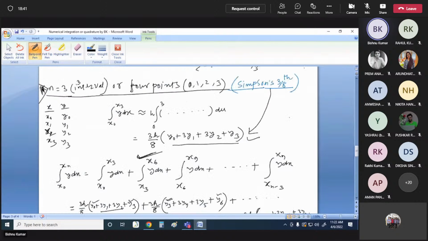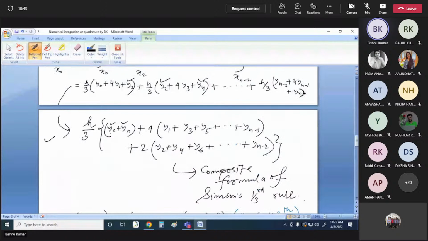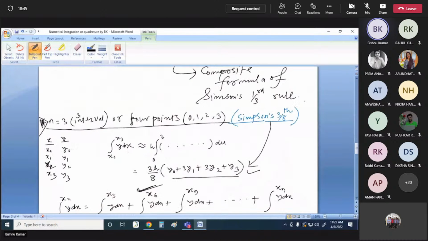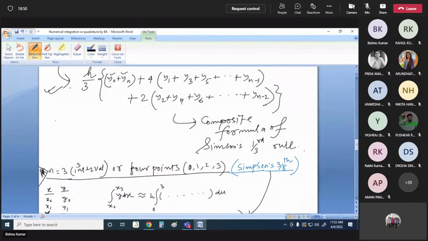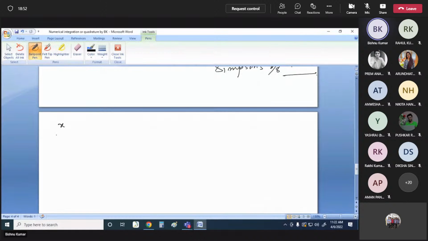I am writing that example again. Suppose you have data sets x and y: 0, 1 by 6, 2 by 6, 3 by 6, 4 by 6, 5 by 6, and 6 by 6, which means 1.